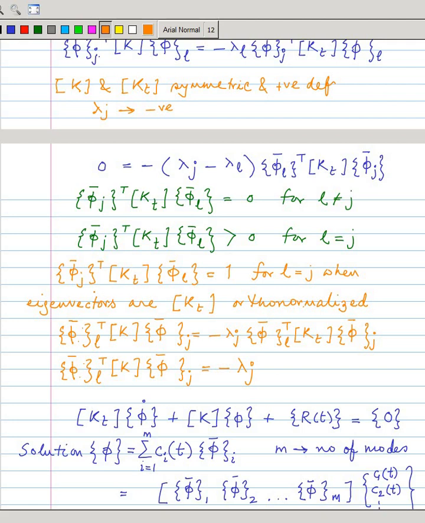So when you do this for K, then for L equal to J, you will not get 1, but you will get minus lambda j.